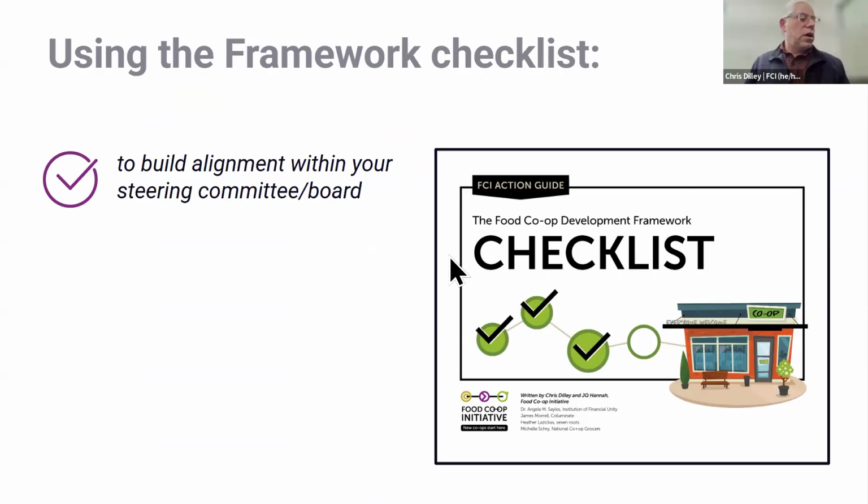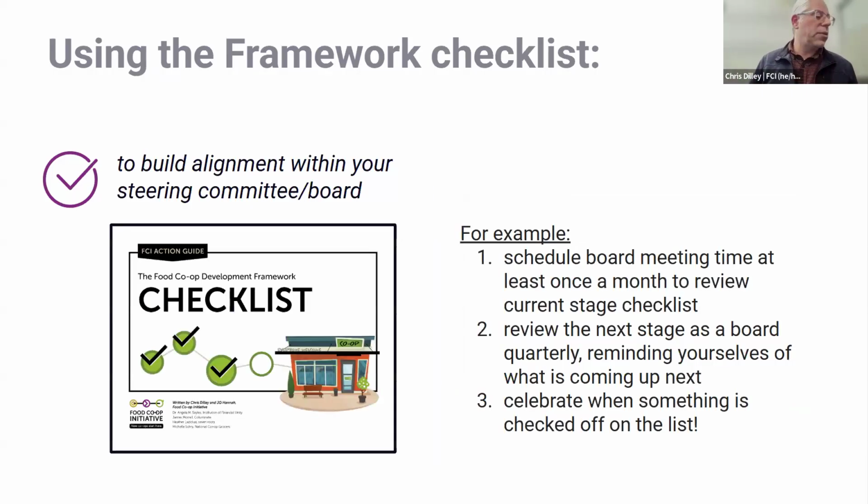We think that it's fundamentally important to build alignment within your steering committee and board around the work of food co-op development. And we think this checklist, because it's relatively approachable and digestible and is kind of like a hands-on tool, can be really useful that way.